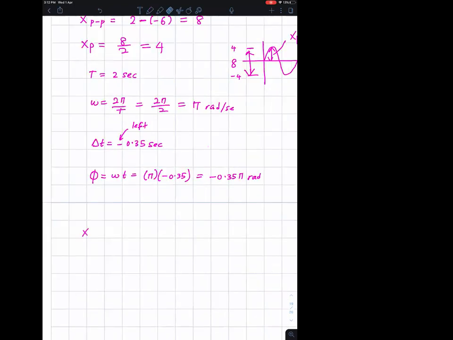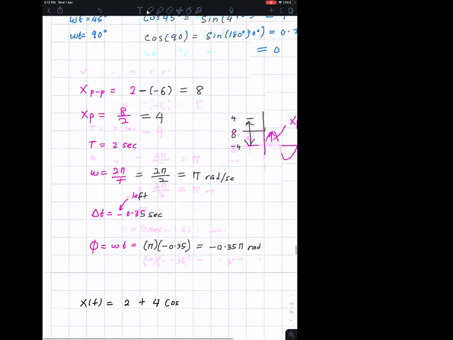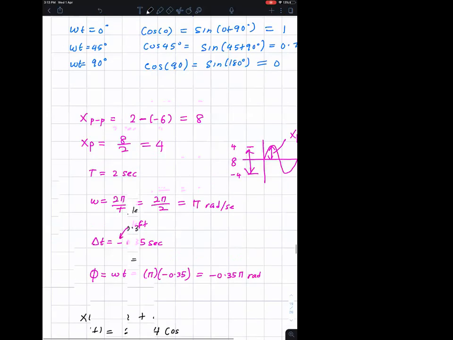x(t). What was the DC offset? DC offset was 2. And what was the amplitude? Amplitude was 4, right? 4 cosine. Maybe I should bring this over here so that you can see this clearly.